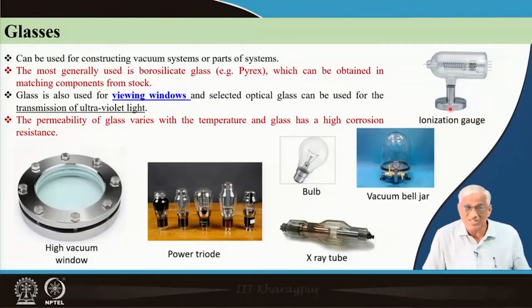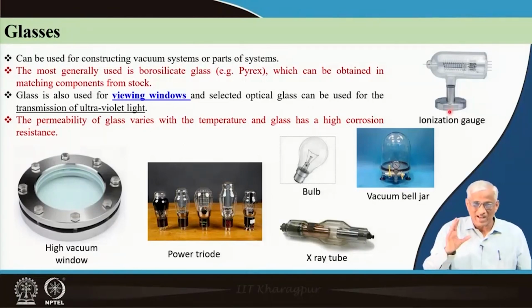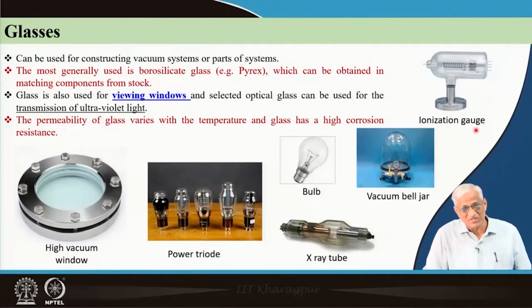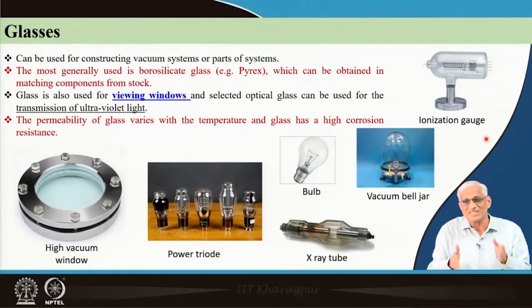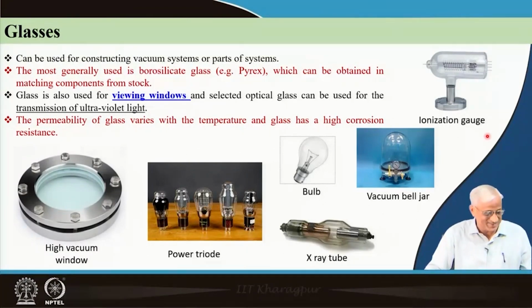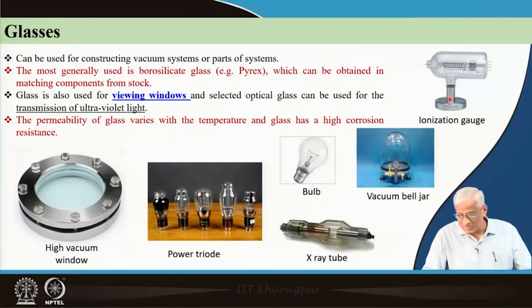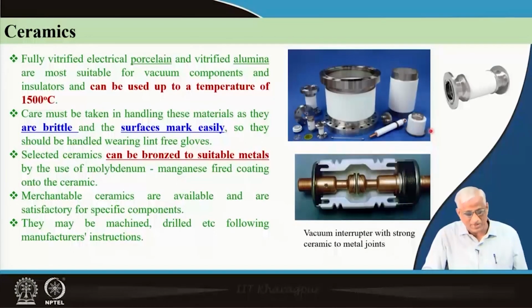Most of it initially they did with glass. Cryogenic engineering, first of all. All the cryogenic discoveries were done in double walled glass insulated vessels only, because you wanted to see what is happening inside. Okay. So, without spending much time, let us go to the other materials.